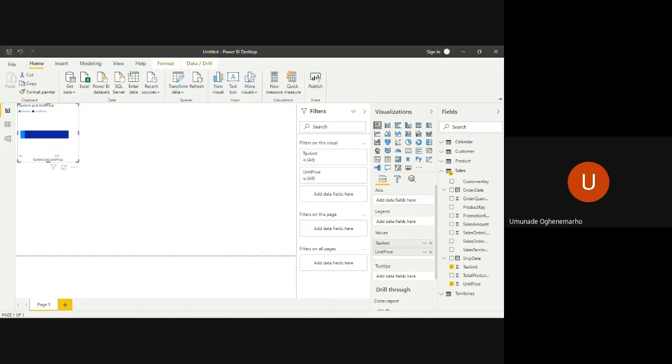So now let's pick the sales territory key, so that we can break this down.